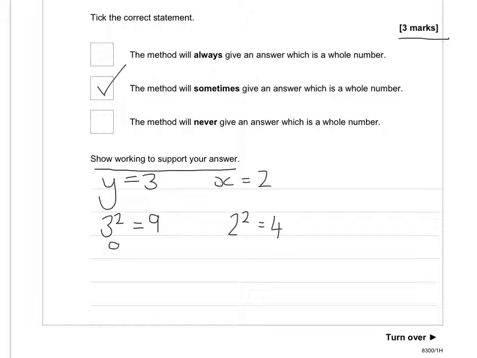When I take away the squares, when I take away 9 and 4, I'm left with 5. And when I square root 5, it does not equal a whole number. 5 is not a square number. When you square root it, you get something that's approximately 2, but it isn't 2. So that is an example that shows you that the method can give you lengths that are not whole numbers.